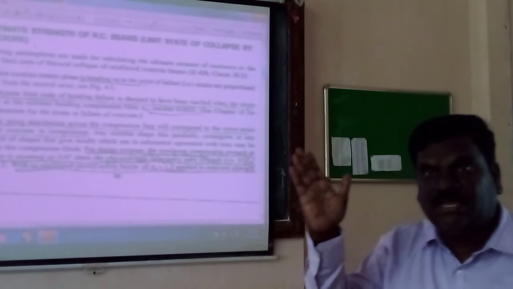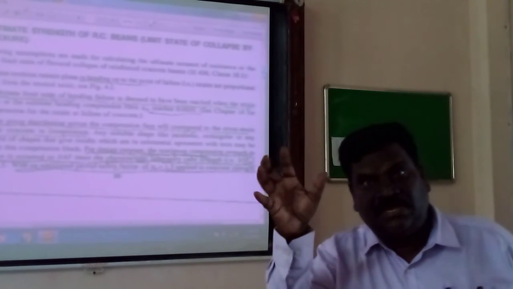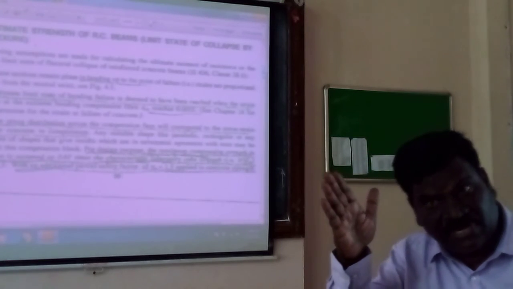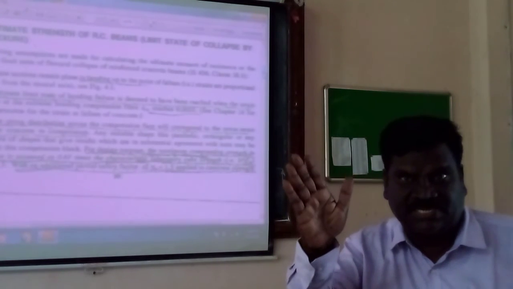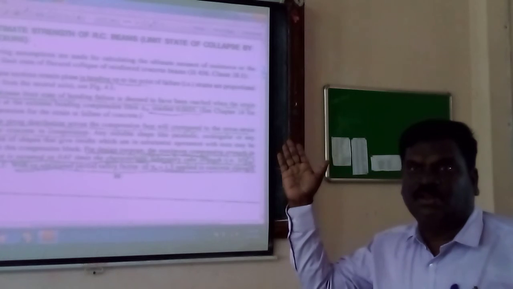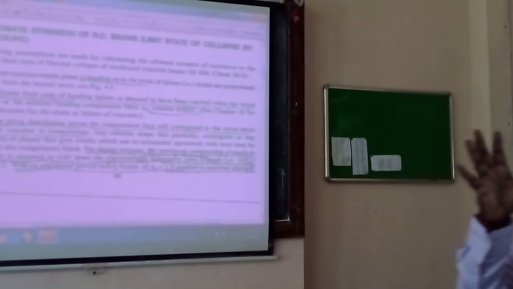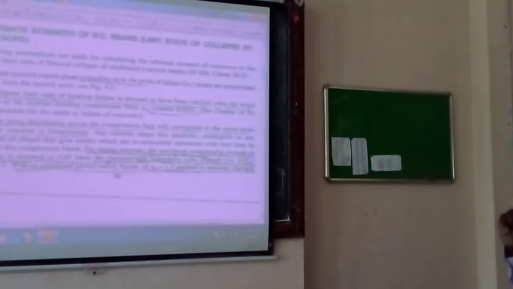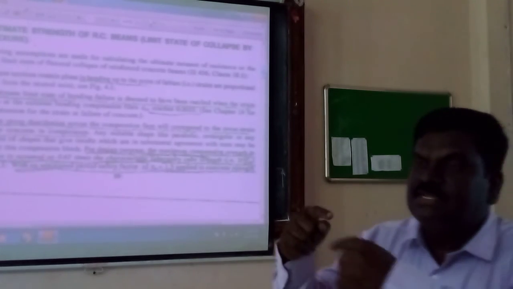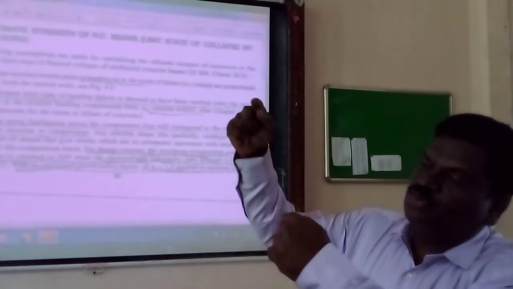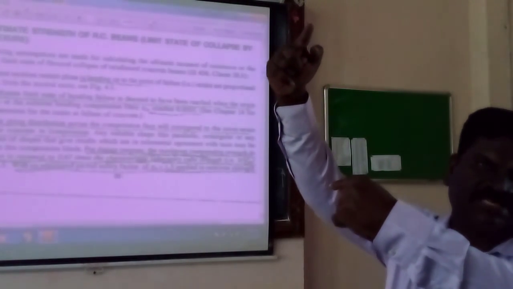So a plane section remains plane up to failure, because in ultimate load theory we take into account the behavior of the member even in the plastic range, not only within the elastic range. Up to failure load, up to failure strain, the strength of the section is taken into account. It means strain is proportional to its distance from the neutral axis. What is the meaning of it? At the extreme fiber you will get maximum strain.